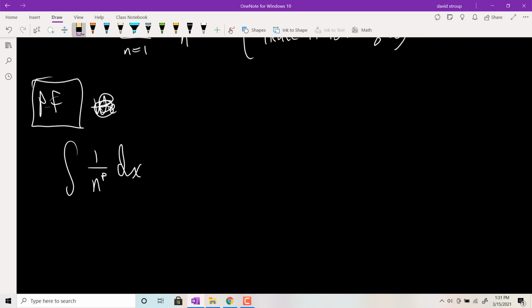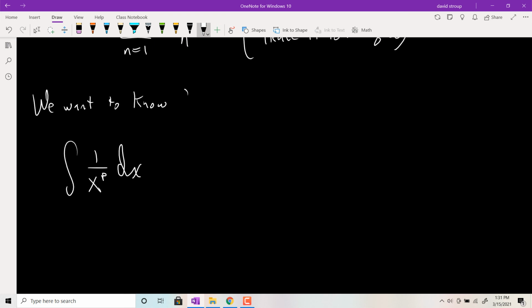So let's presume it is positive, continuous and decreasing, and so we want to know, let's not even call this a proof, we want to know for what p-values the series 1 all over n to the p converges or diverges.